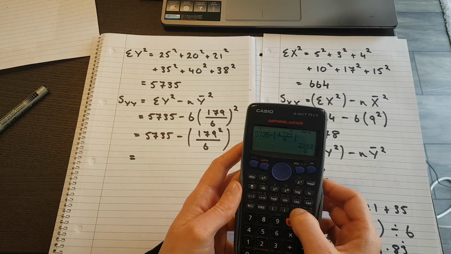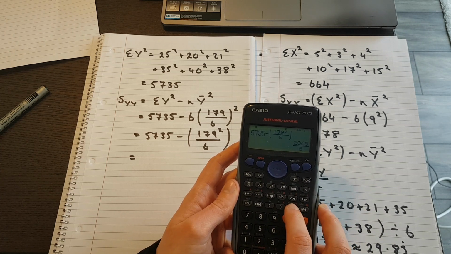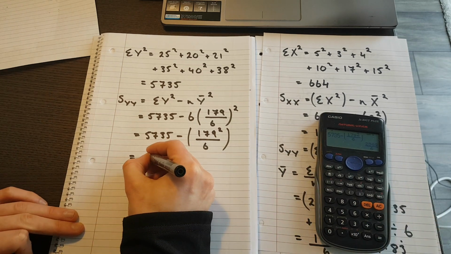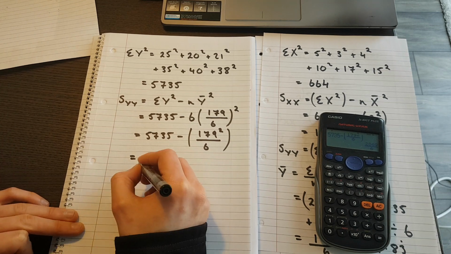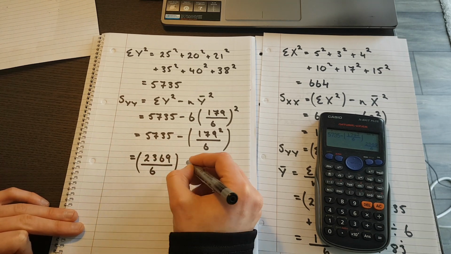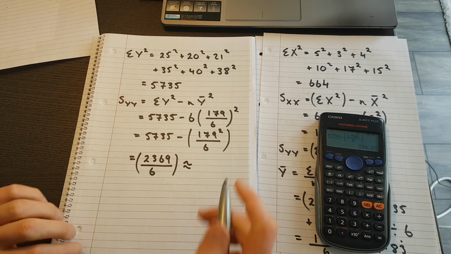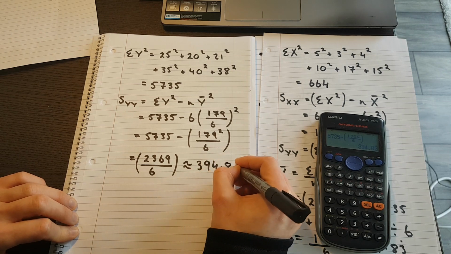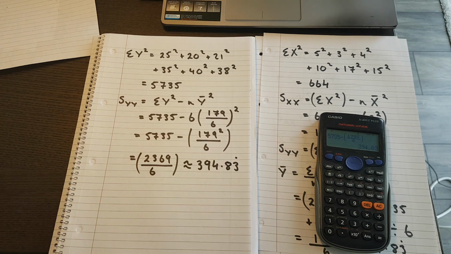And that number is 394.83, which is 2369 over 6. So I'm going to write that as 2369 over 6, which is about the same thing as 394.83. And again, that's a recurring decimal, so I want to avoid truncating too soon.